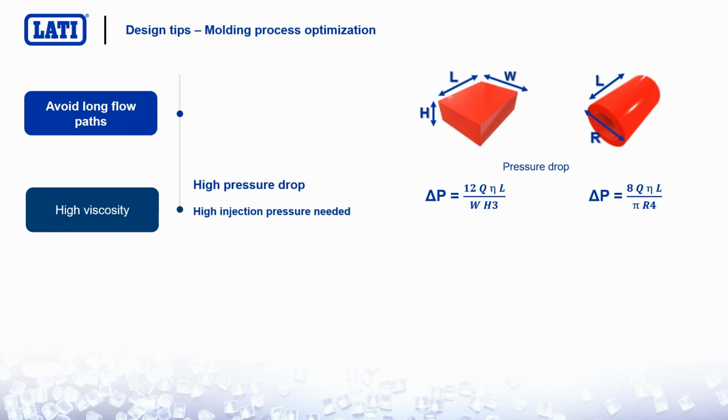Usually, doubling the length, we will have a doubling of the pressure drop, whereas halving the diameter or the thickness, we may have pressure drops which jump to 8 to 16 times the first one.